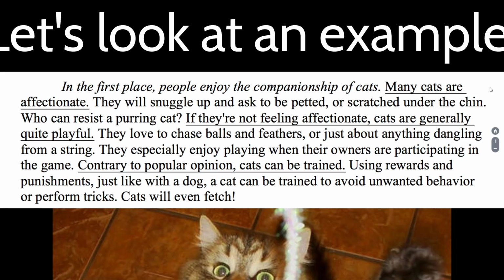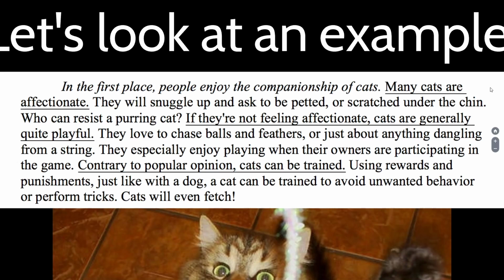Noun, the verb to be, adjective. And then we have here, cats are generally quite playful. Got a couple of adverbs in there, but it's the same thing. Cats are playful. Noun, verb, adjective. Very simple construction. These supporting sentences don't need to be complicated.